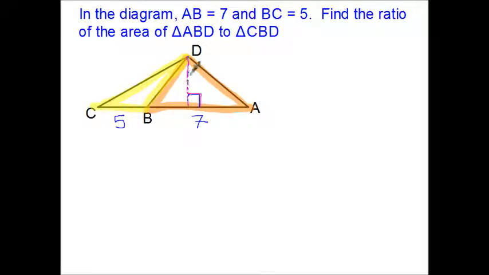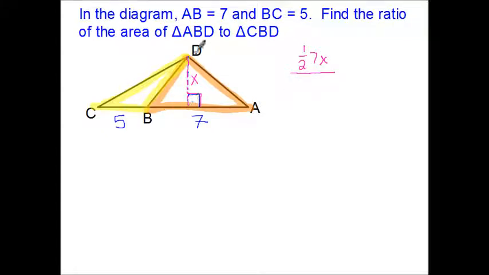Now, if we have two triangles that have the same height but different bases, what do we know about it? Hopefully you're thinking that if they both have the same height but different bases, I can try to plug it into a formula. Let's just call our height x. The area of this orange triangle, the first one listed, is 1/2 of 7 times x.